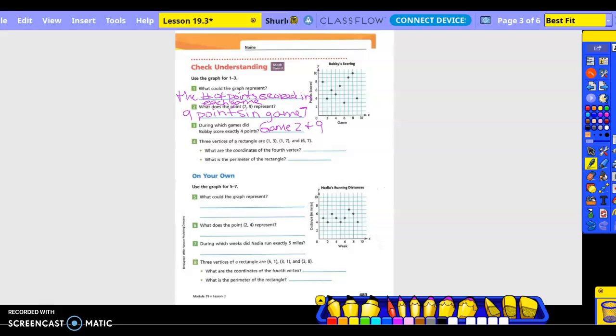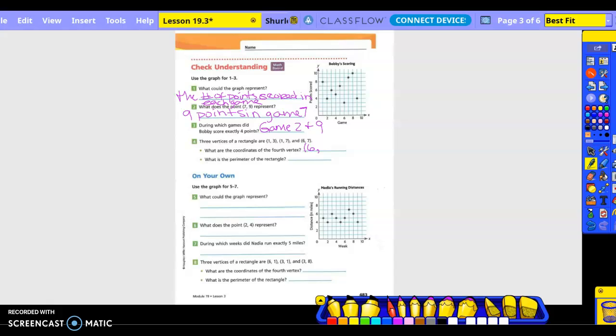Number 4, 3 vertices of a rectangle are (1, 3), (1, 7), and (6, 7). Okay, so what are the coordinates of the fourth vertex? Okay, so both of these have 1s in them, right? Okay, this one has a 6, so what's going to be my x? A 6, right?